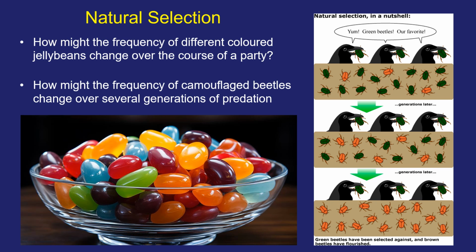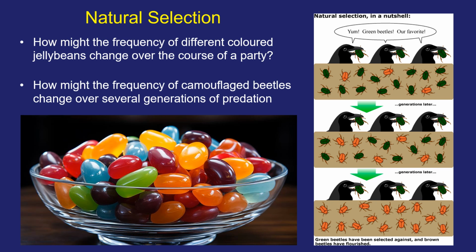Anyway, though, this is a pretty good model for predation. Some phenotypes are more susceptible to predation. Now, jelly beans don't have genetic material and they don't reproduce, so we can't take it any further than that.